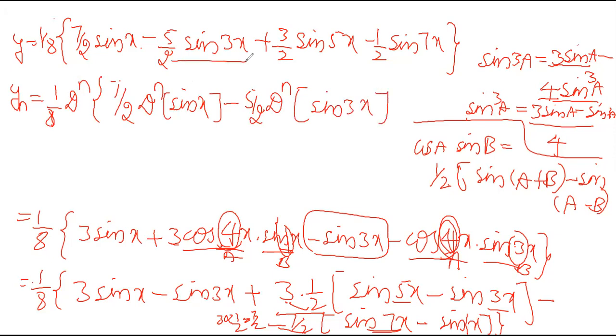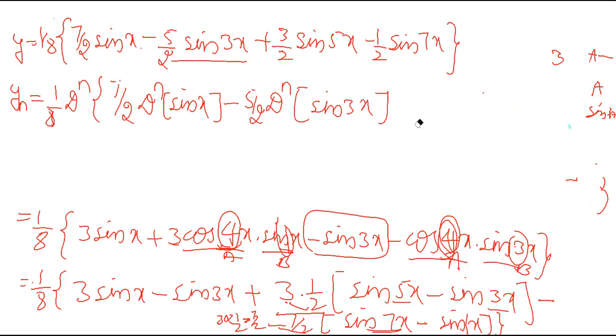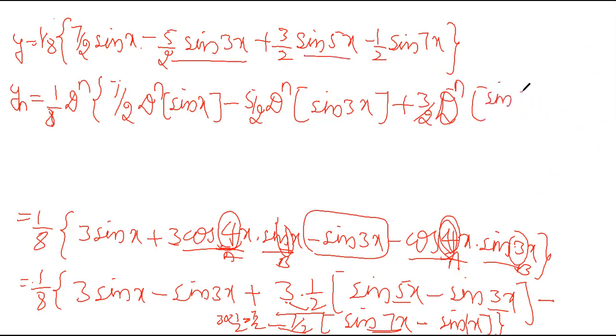Then plus 3 by 2 into the nth term of the next function, that is sin 5x, minus 1 by 2 nth term of sin 7x. I write here only sin 7x.